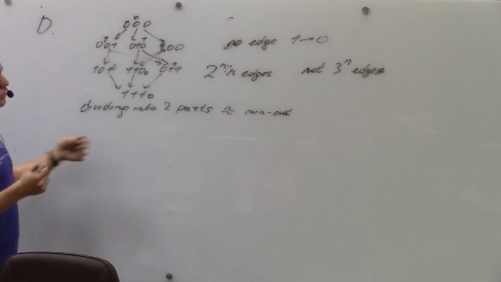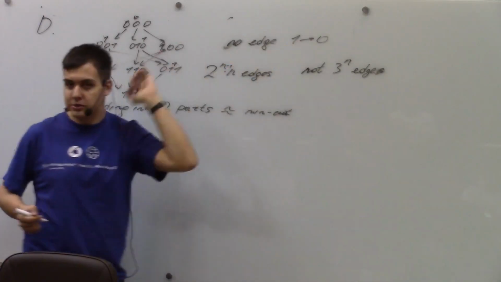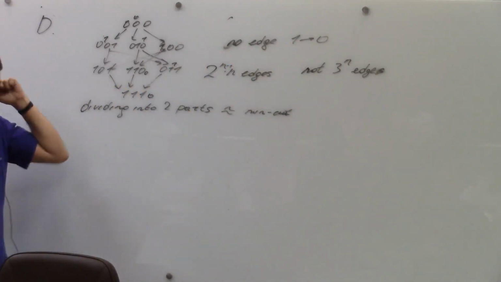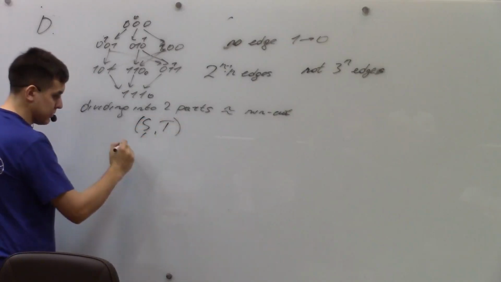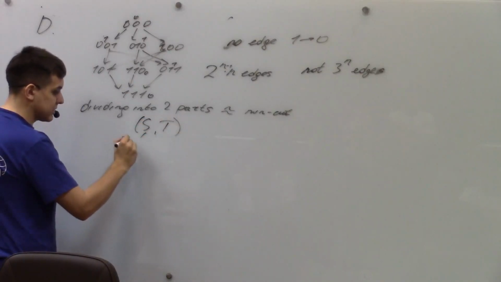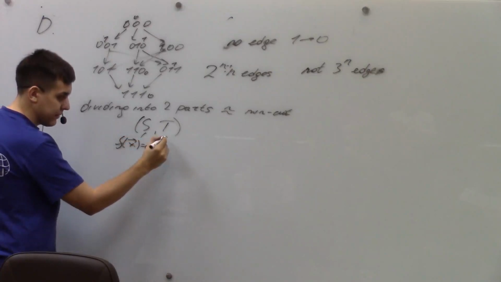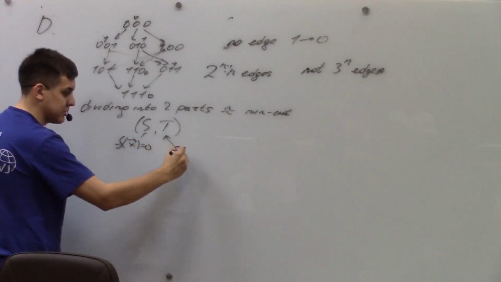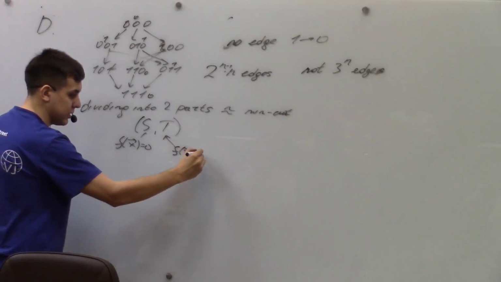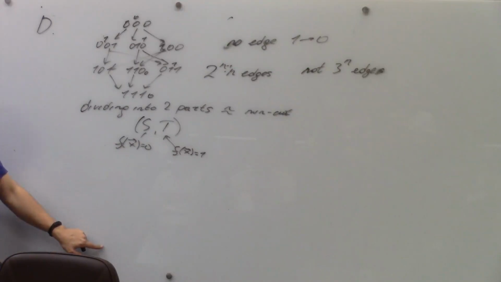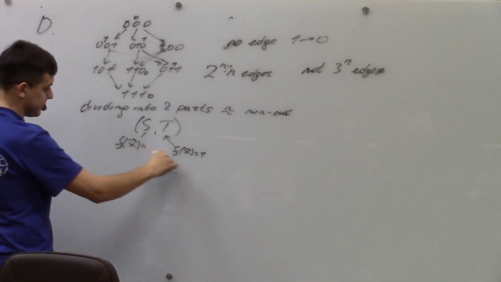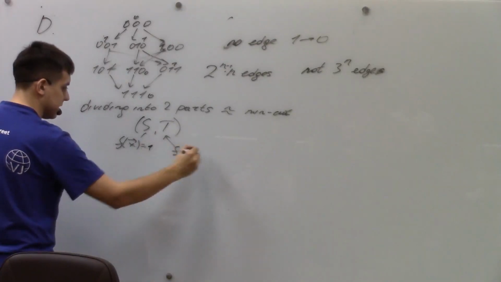Right? So we don't want to have an edge from 1 to 0. This is why in min cut S and T, this will correspond to f of x being 0, and this will correspond to all binary vectors where f of x is 1. Should be the other way around, right? 1 and 0.